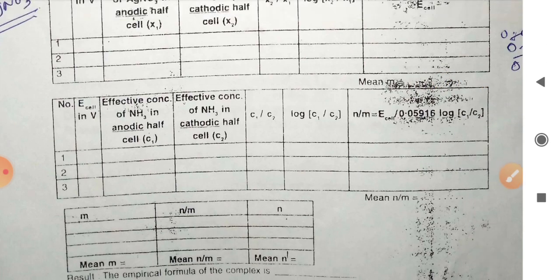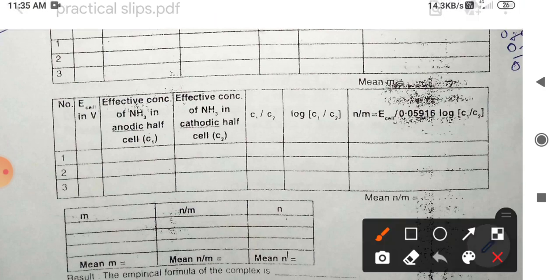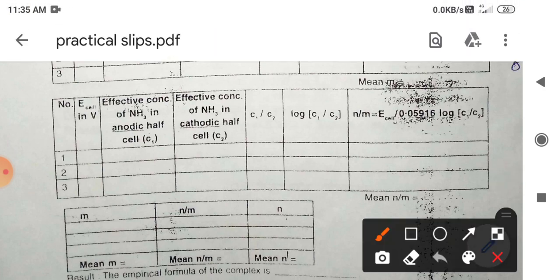Now in the second set we have varied the concentration of ammonia. So we need to find the effective concentration of ammonia in the anodic half cell and in the cathodic half cell.